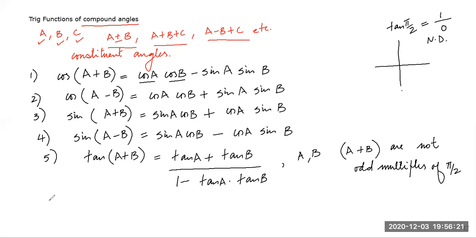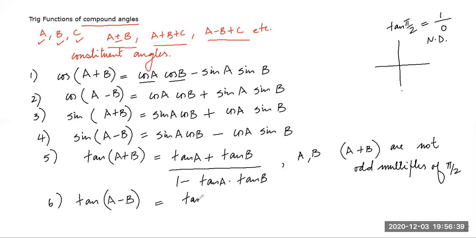So then comes formula number 6. That's of tan A minus B. Right. So that is equal to, see students, minus sign here, minus sign on the top, but opposite sign on the bottom.